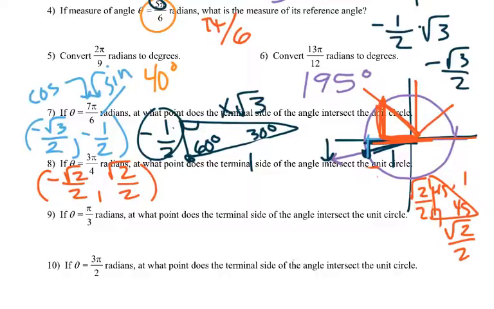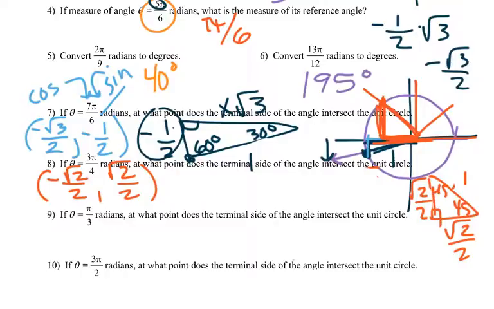It'll just determine which quadrant they're in, will determine what's positive and what's negative. Once again, you could use the sine and cosine, and you would end up with the fraction or decimal version of the square root of 2 over 2, which I believe is like 0.707. So if it's multiple choice, that makes it a lot easier because you can use the calculator and go from there. Okay.